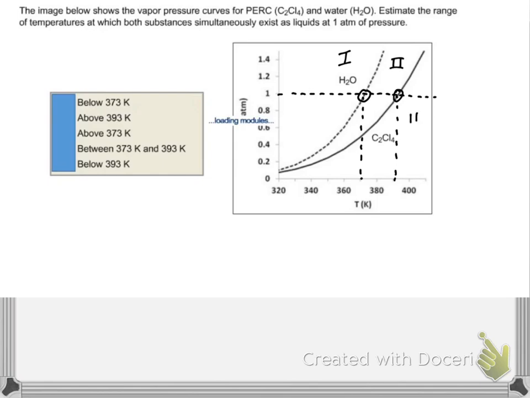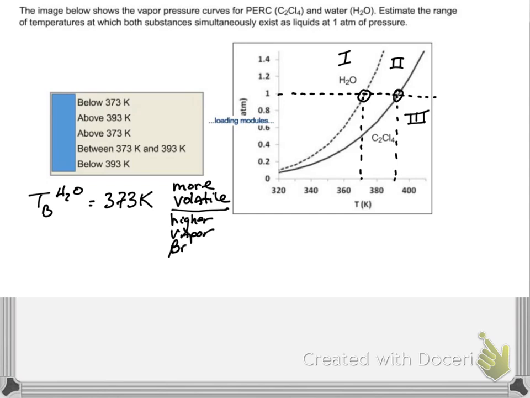We can also identify 3 different regions based on the 2 curves given. So first, the boiling point of water is recorded as 373. It's the most volatile and has the highest vapor pressure because it has the lowest boiling point. When we look at the boiling point of C2Cl4, it is 390.